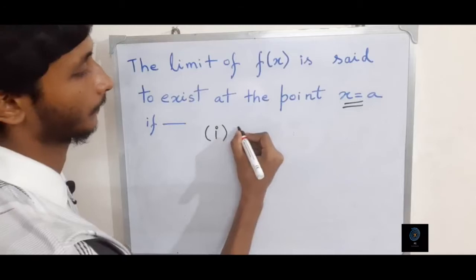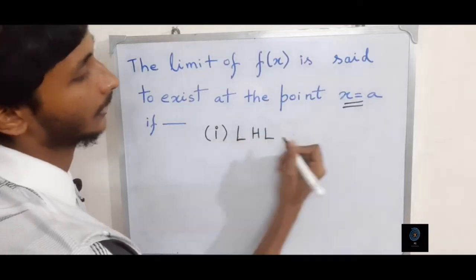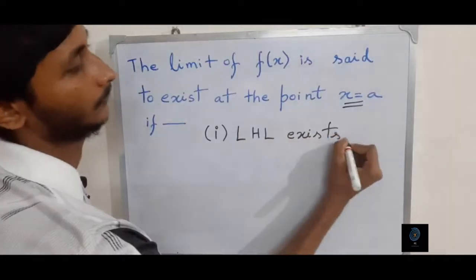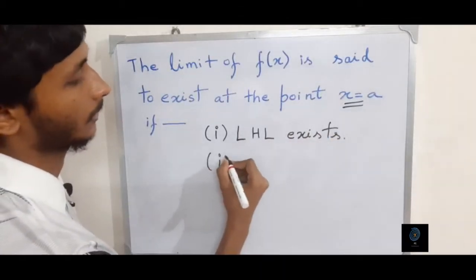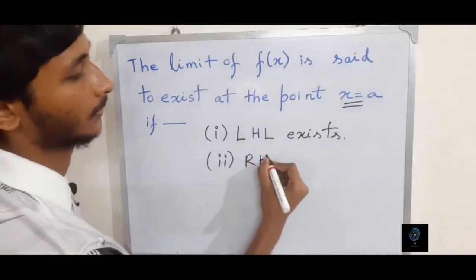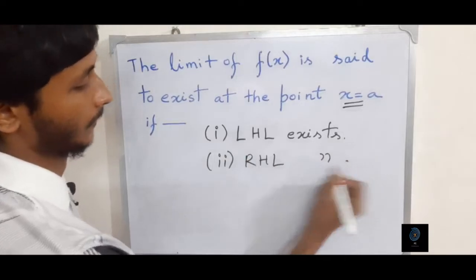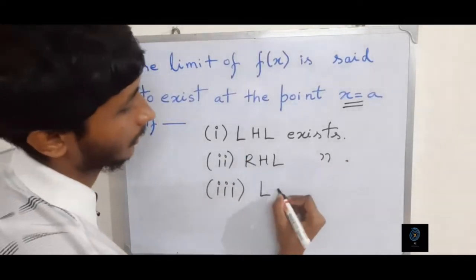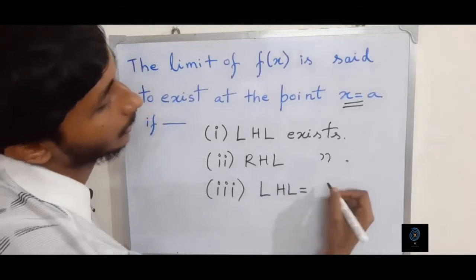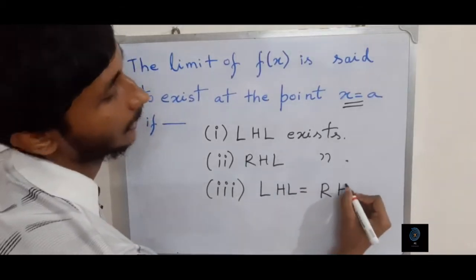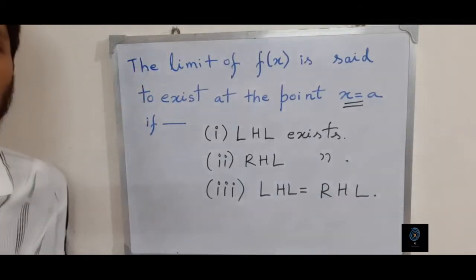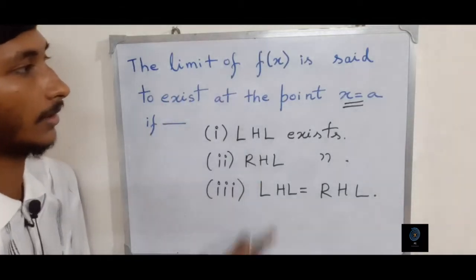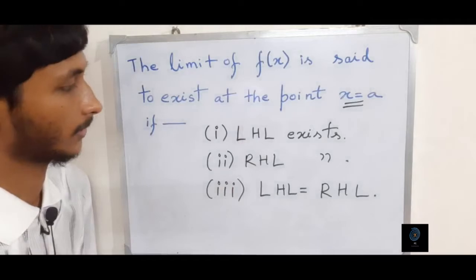That is, the left hand limit exists, the right hand limit exists, and most importantly, the left hand limit is equal to the right hand limit. If all these three conditions are satisfied, then only we say that the limit of the function f(x) at the point x equal to a exists.